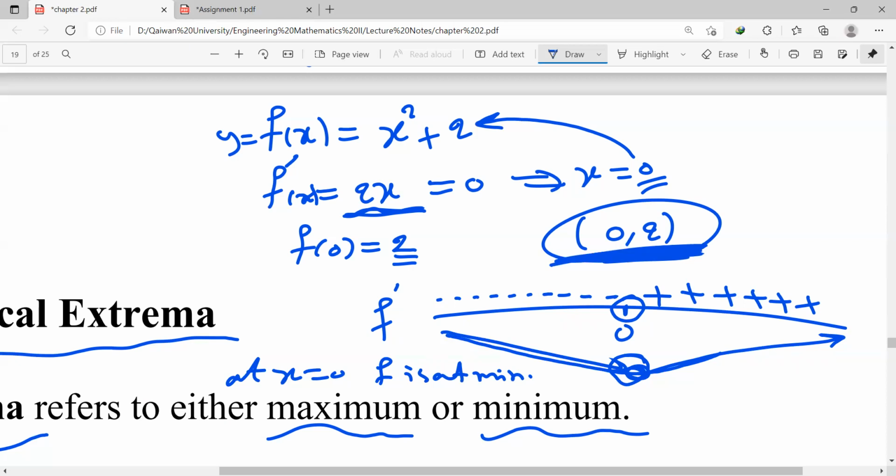Here, we see the critical points are either minimum or maximum, as in functions of one independent variable. But for two independent variables, we say it's either maximum, minimum, or saddle points.